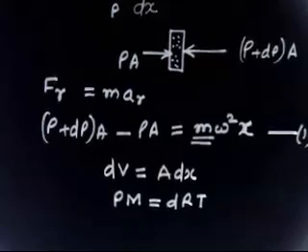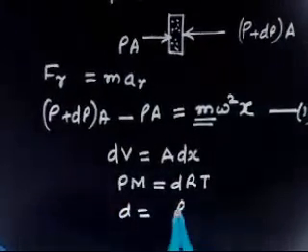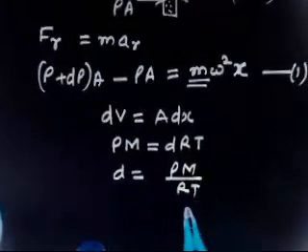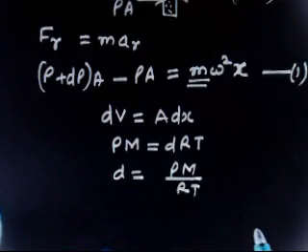From this equation, density will be given as PM by RT. D is for density, P for pressure, M for molecular weight, R is the gas constant and T is the temperature.